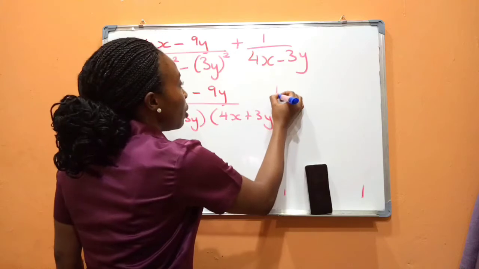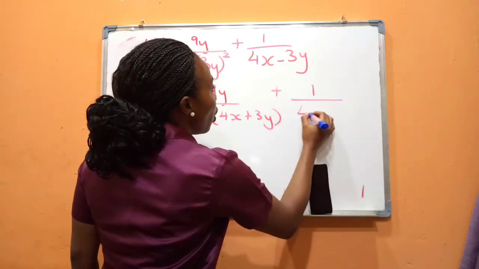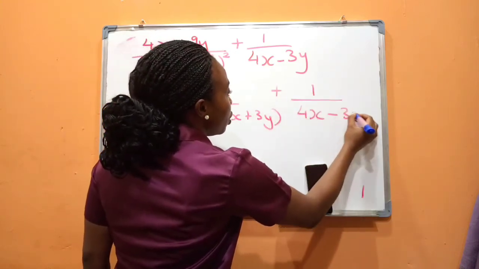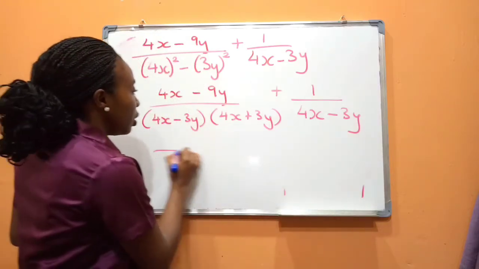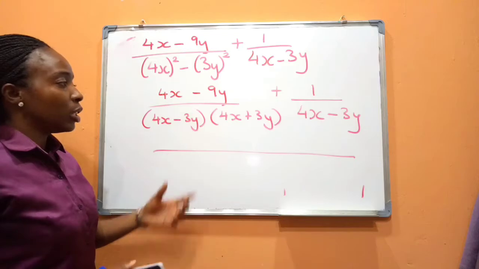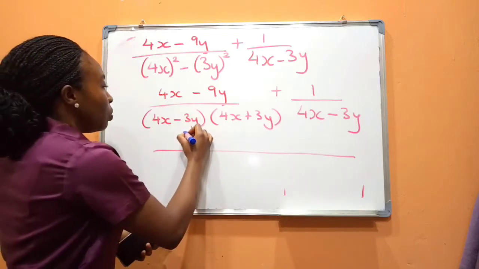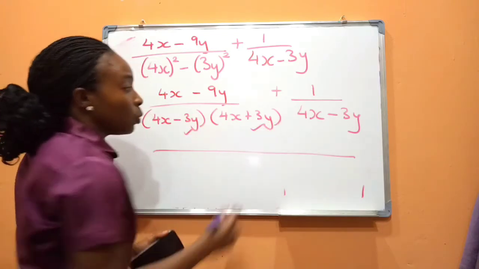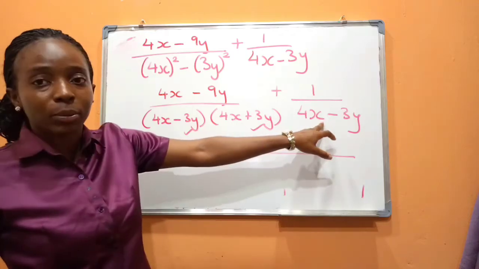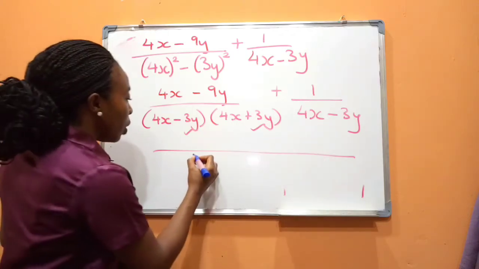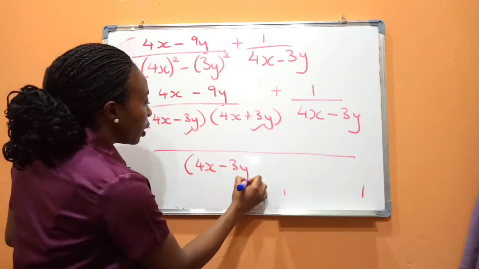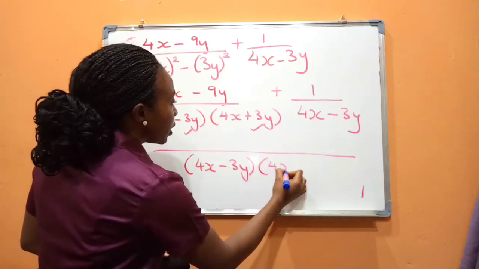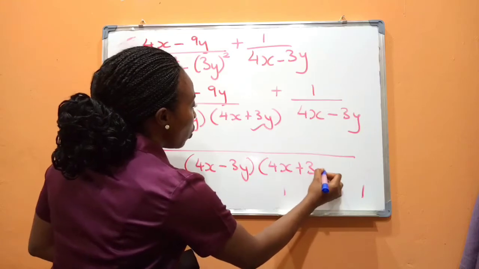So we are going to have plus 1 over 4x minus 3y. So we can now find the LCM. In finding the LCM of these, you simply choose the negative one and the positive one as the LCM, since you have the same thing here. So in doing that, our LCM is going to be 4x minus 3y and 4x plus 3y.